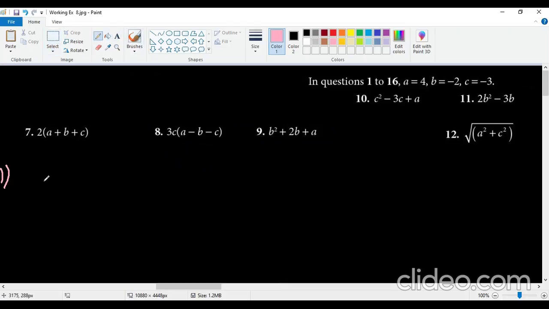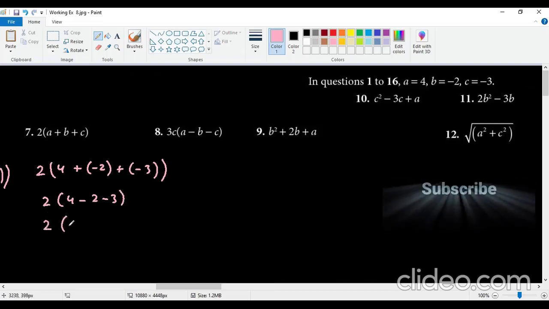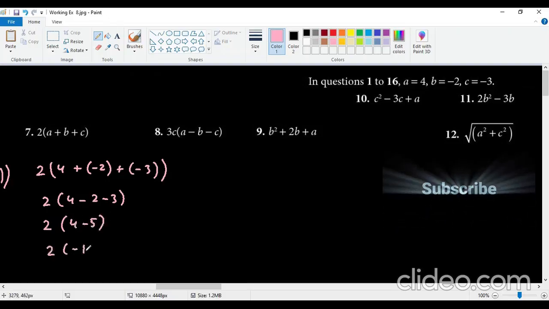Now, 2 times the value of a, which is 4, plus the value of b, which is negative 2, plus the value of c, which is negative 3. So it's 2 times 4 minus 2 minus 3, which gives you 4 minus 5. So 2 times negative 1, and negative 2 is going to be your final answer.